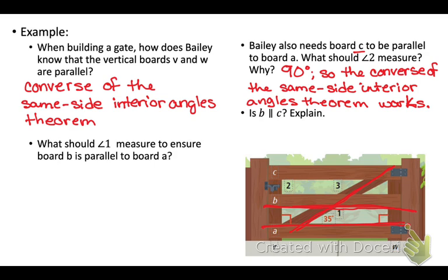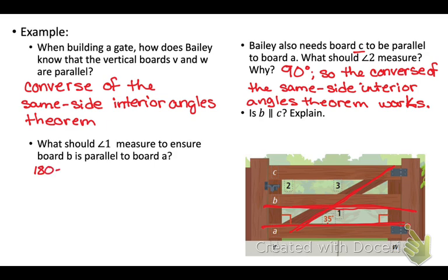What's parallel mean? 145? Because 35 and 145 equal 180. Why does angle 1 and 35 have to equal 180 if they're parallel?